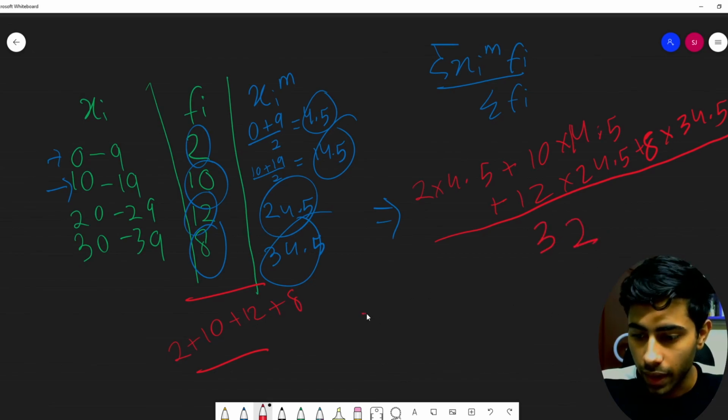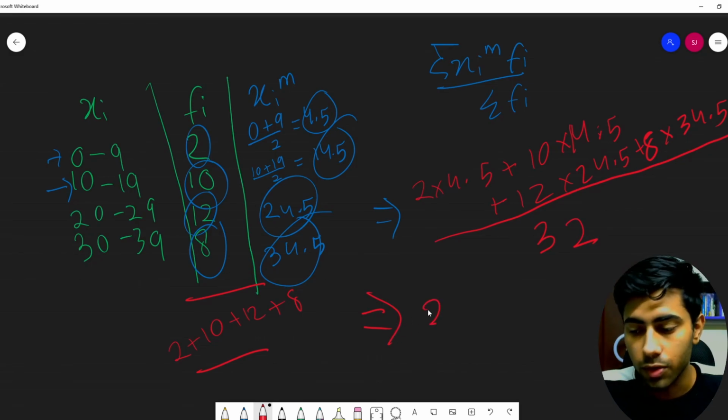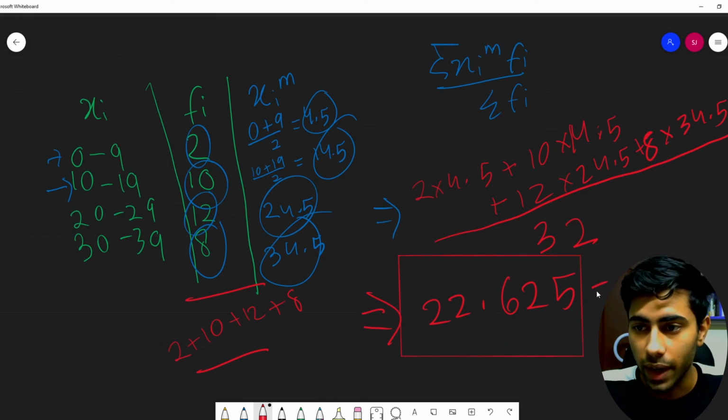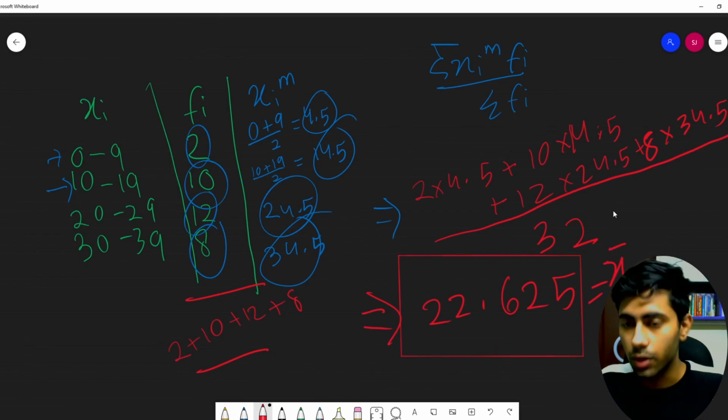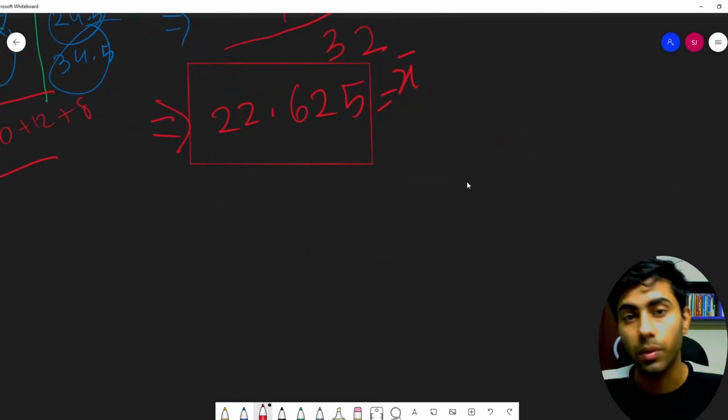Now if I solve this, I'll be getting my value as 22.625. So this value 22.625 is going to be my mean.